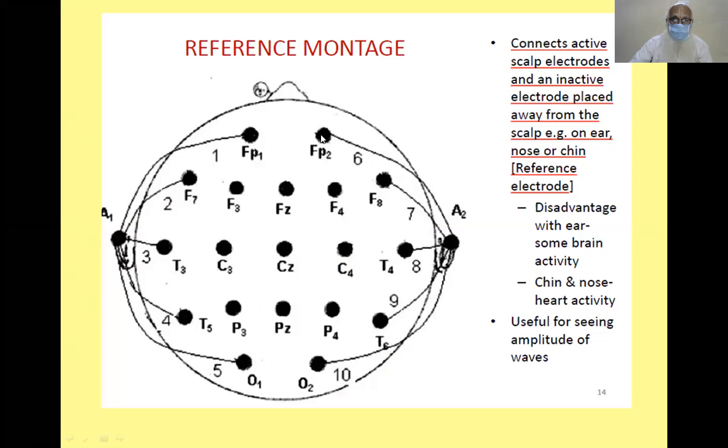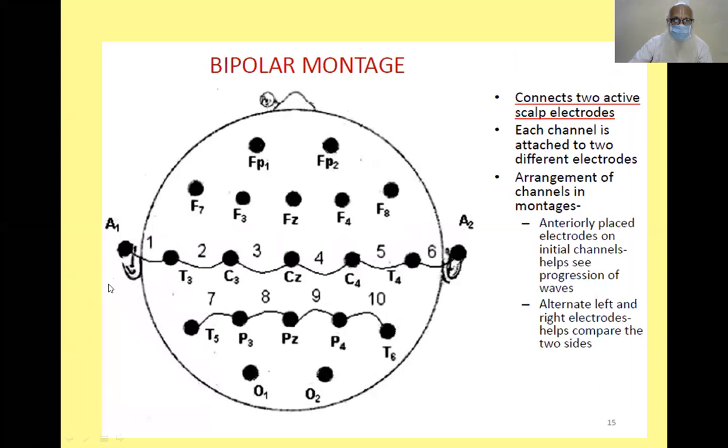If you see, all of them are connected to a point somewhere here. So this is referential montage. This is bipolar montage, and this is from front to back, and this is horizontal. This is also looking like a chain.